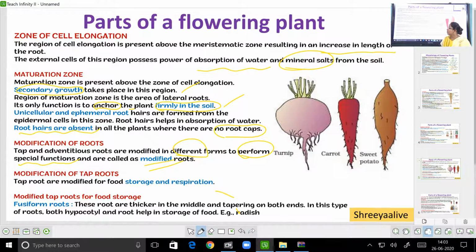So such modification is called modified roots. To start, we can study the modified roots in either tap roots or adventitious roots.